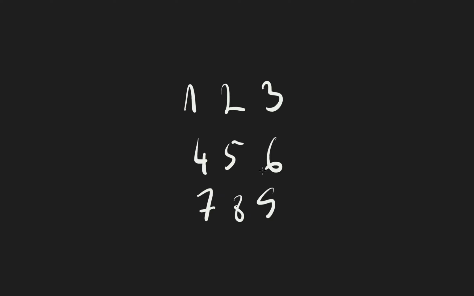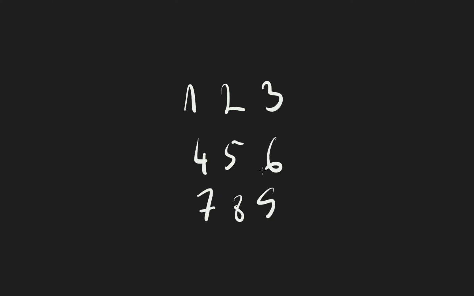The first row in the input is 1, 2, 3, and so on. And in the result, the first row is 7, 4, 1, then 8, 5, 2, then 9, 6, 3. So it's basically this.